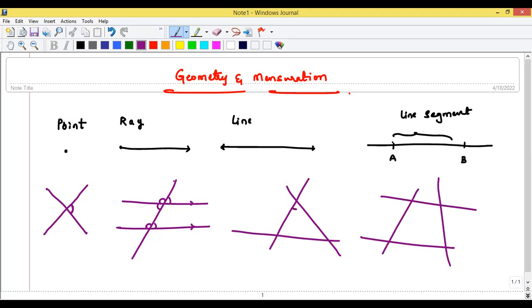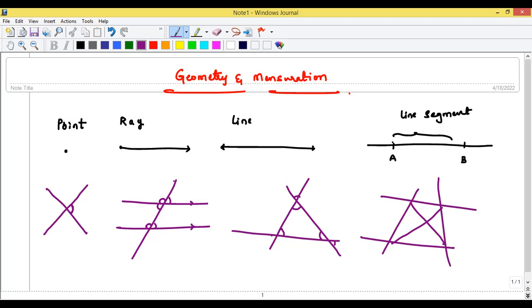Polygons have internal angles and polygons have external angles. And polygons have diagonals. So we see what are the internal angles of polygons, what are external angles of polygons, and what are the number of diagonals of different polygons.